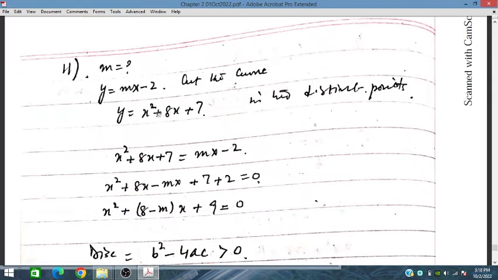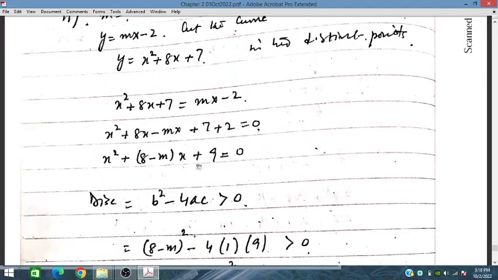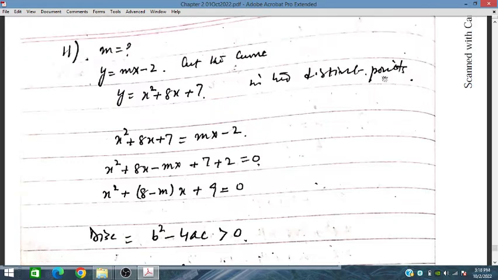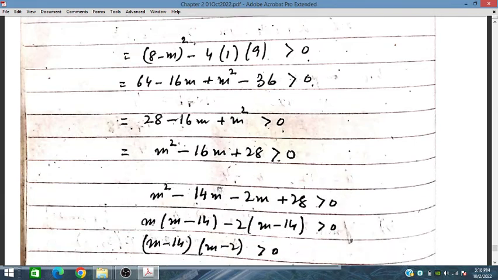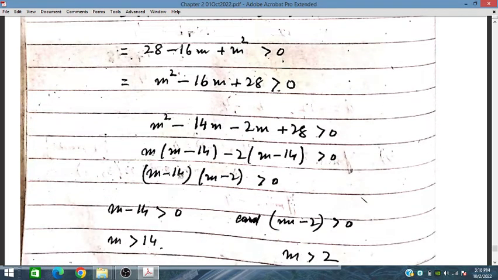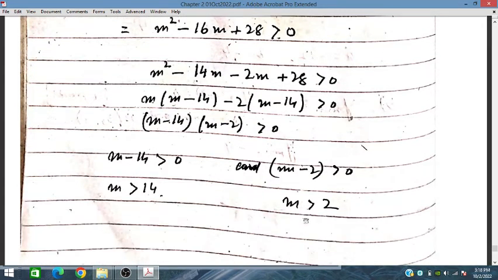So we have these two equations, solve them and form a single quadratic equation by combining the line and the curve. We have this form, and discriminant greater than 0 for two distinct points. So we have this condition, and here we have m is greater than 2 and m is less than 14.